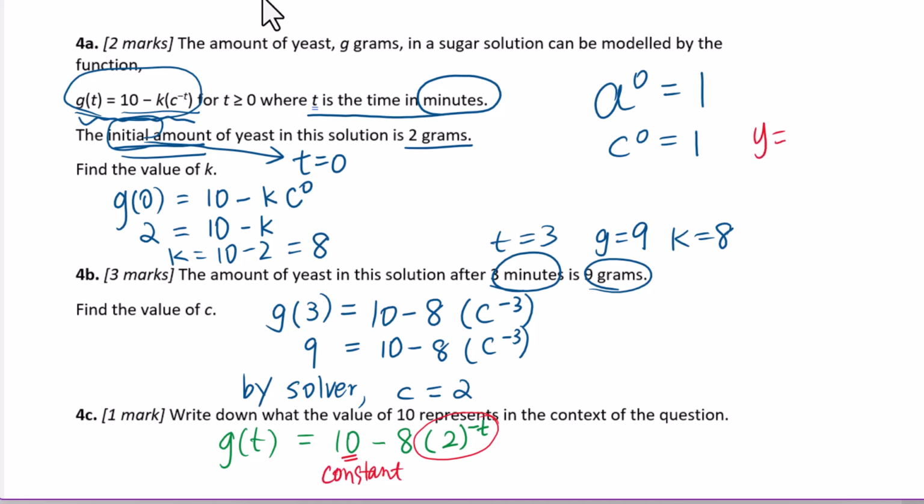For y equals a times b to the x power plus c, this c means either possible maximum value or minimum value. We need to put this into your calculator to check whether 10 is the maximum value or minimum value. We can check the graph to decide its maximum or minimum value.